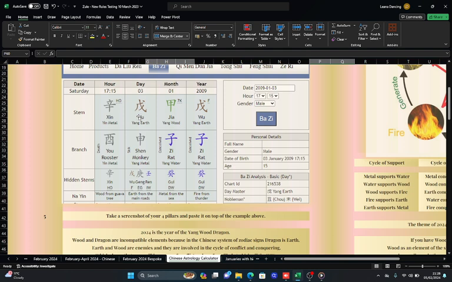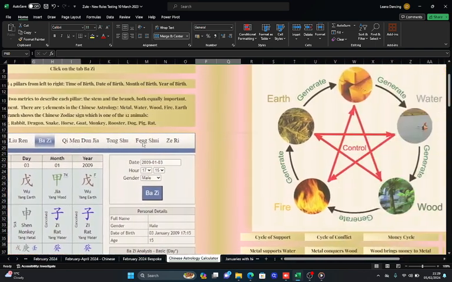So as in the case of this chap here, we have already talked about the heavenly stem of the earth, how bad that will be for them, but they're also a metal, because the monkey is a metal. So let's see how it goes here.